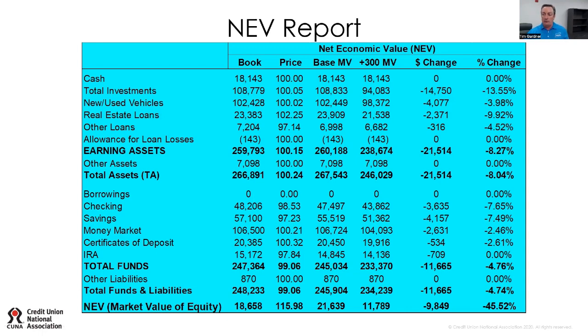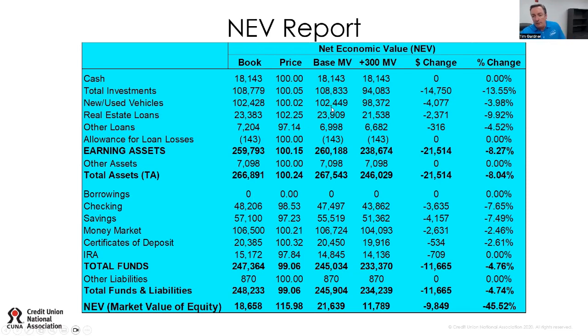Okay, so how does the market value change over time? And then the column right next to that, how does the market value change when interest rates go up? So let's just take car loans, for example, so new and used vehicles. I've got $102,428,000 on my books. That's my book value.